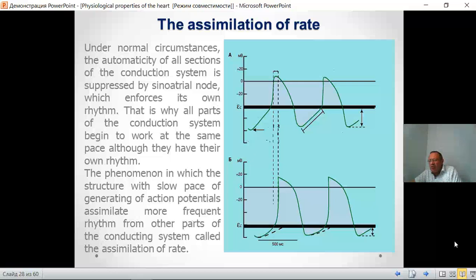The phenomenon in which a structure with a slow pace of generating action potentials assimilates a more frequent rhythm from other parts of the conducting system is called the assimilation of rate.